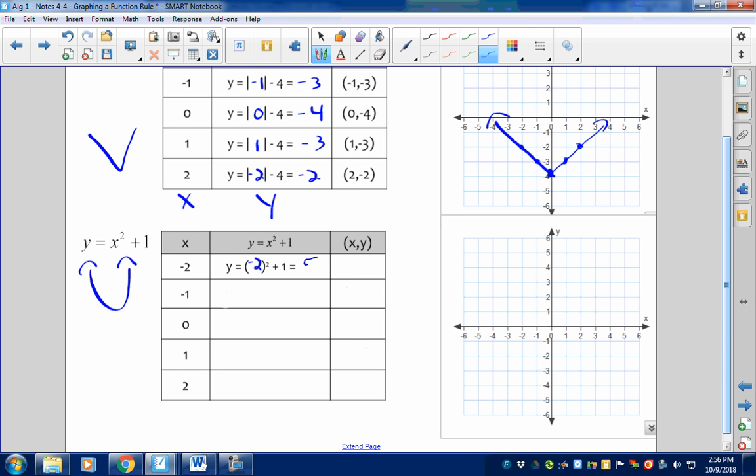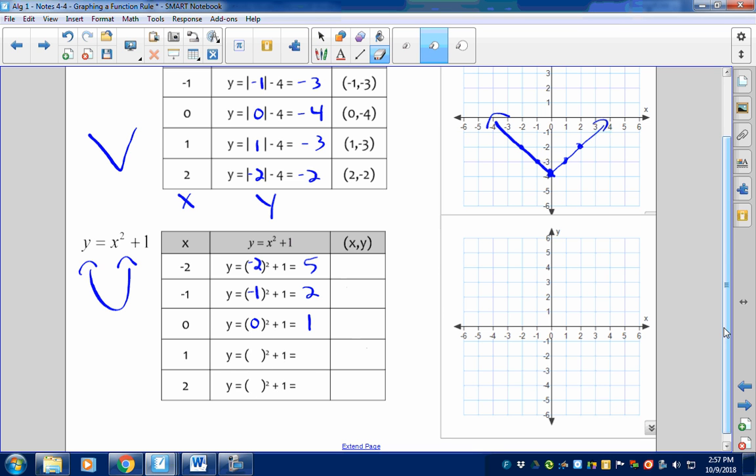Negative 2 squared is positive 4 plus 1 is 5. Then we plug in negative 1. 1 plus 1 is 2. Then we plug in 0. So 0 squared is 0 plus 1 is 1. Then we're going to plug in 1 and then 2.